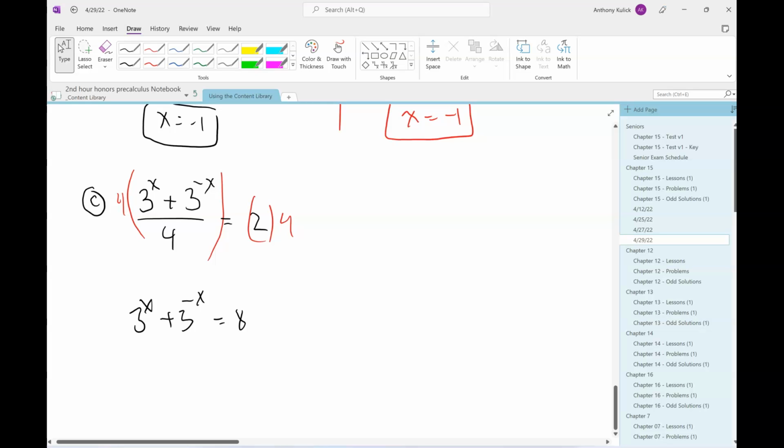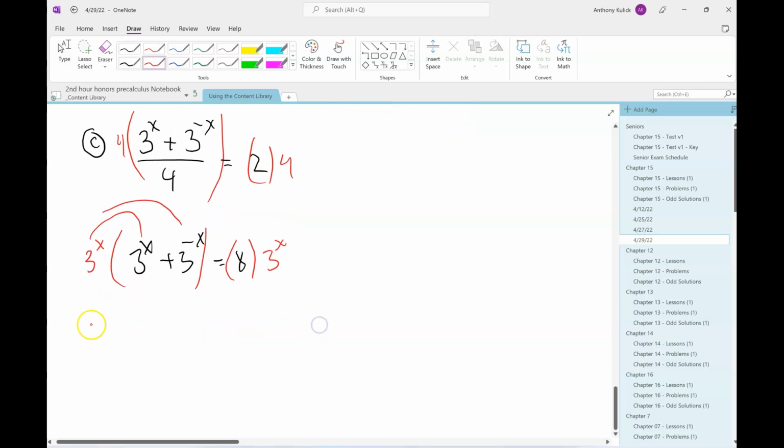How can I do that? I mean, you could just make it 1/3 to the x. We could make it 1/3 to the x, but that's going to give us a fraction again. I don't like fractions, and we'd prefer not to get a fraction. Here's the trick. I multiply both sides by 3 to the x. So that's going to distribute through.